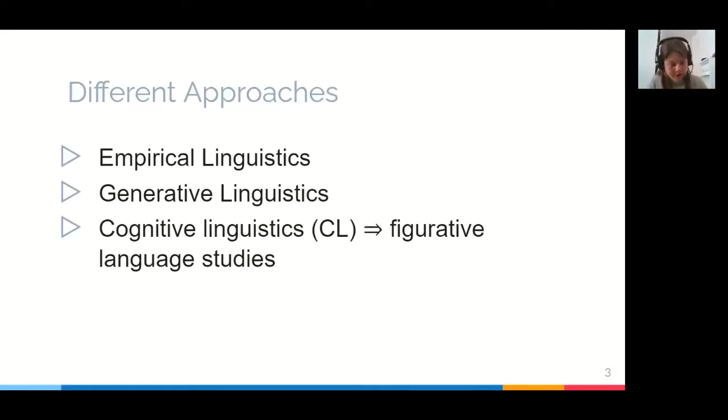In generative linguistics, we have what we call the Chomskyan commitment that explains that language is kind of like mathematics and it has its symbols and we can find and manipulate the systems in order to find patterns and everything else. In cognitive linguistics, we have a huge study of figurative language.